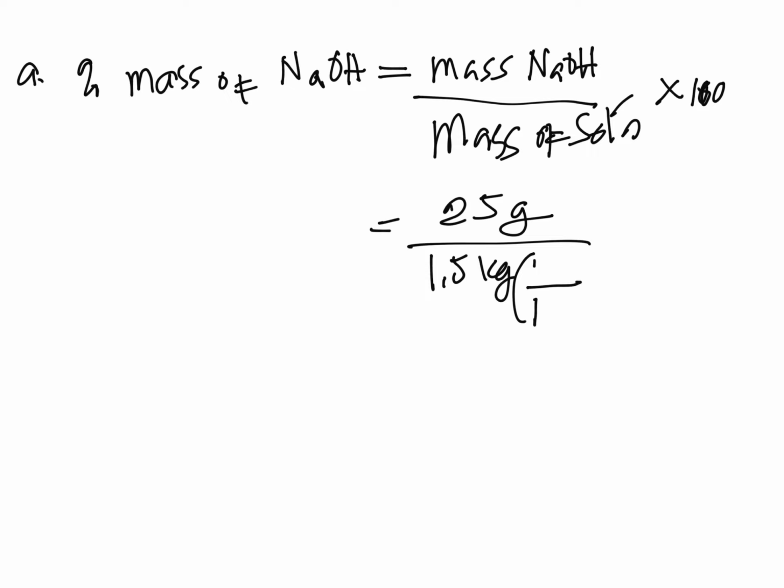Normally the conversion is 1 kilogram is equals to 1,000 gram. But this is for water alone. When you say a solution, that means it's a mixture of the solvent and the solute. So solute is 25 grams, then the 1.5 kilogram is for the solvent.